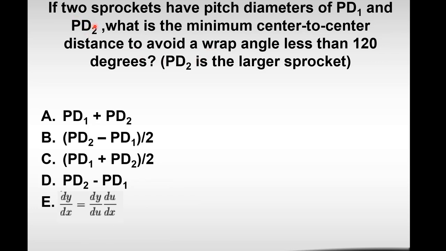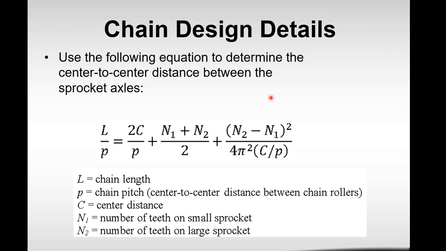And this one is, if you have these two pitch diameters, what is the minimum center to center distance to avoid a wrap angle less than 120 degrees? Okay. And if you have two sprockets of different size, then you can use this equation, which relates the length of the chain to the center to center distance.